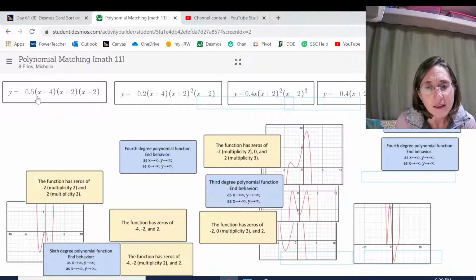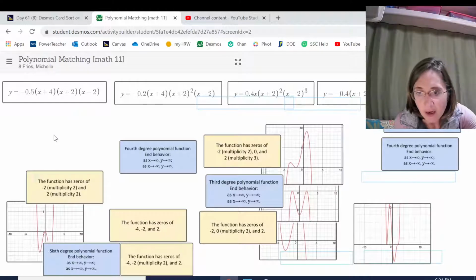I want a yellow card that's going to talk about having a 0 at negative 4 from this first factor. If I look at the second factor, I see an x plus 2 there, so the root that would go with that is x equaling negative 2. And then the last one has an x minus 2, so that would give me a root of 2. So negative 4, 2, and positive 2 are the 3 numbers that I'm looking for.